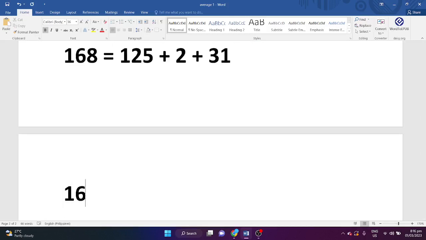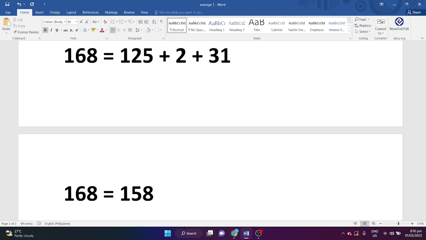And let's continue to add. 168 is it equal to, what's 125 plus 2? That's 127 plus 31 is 158. So this is not actually the correct answer. So it's not equal to 168.